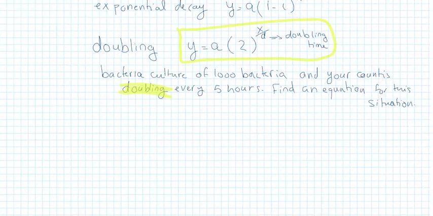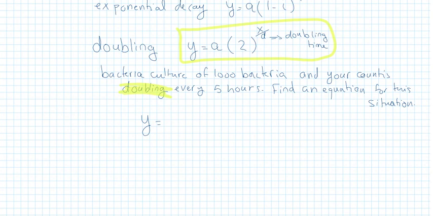So the 5 hours is your doubling time. You won't have the doubled number until it reaches the 5 hours: 5 hours, 10 hours, 15, 20. These are your increments. Now, to set up the equation, y equals, I replace A with 1,000.